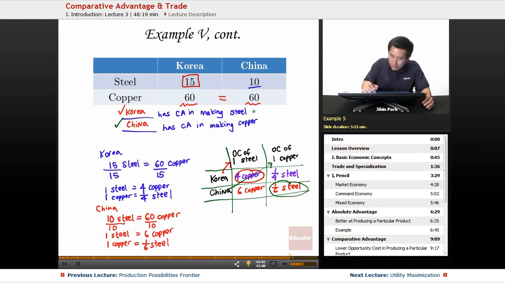So Korea is going to make steel and it will export steel. Whereas China has comparative advantage in copper and China will export copper and import steel. And conversely, obviously, Korea is going to export steel but import copper.